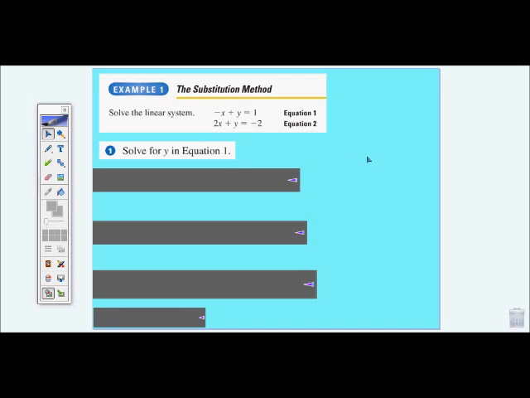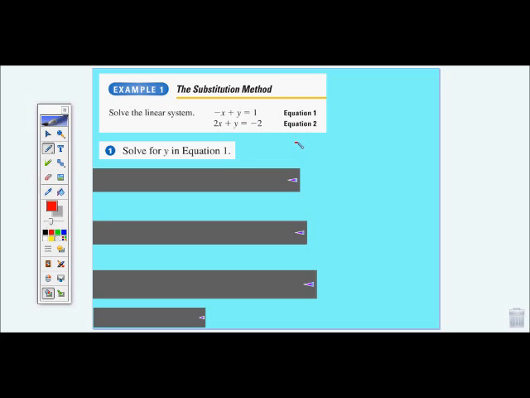The substitution method, the first way we're going to do it: we are given two equations like we were before, and this time we're going to start by solving for y in equation 1. So what I need to do is isolate y in equation 1.